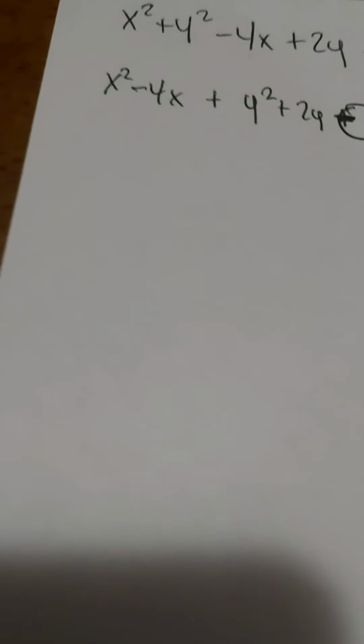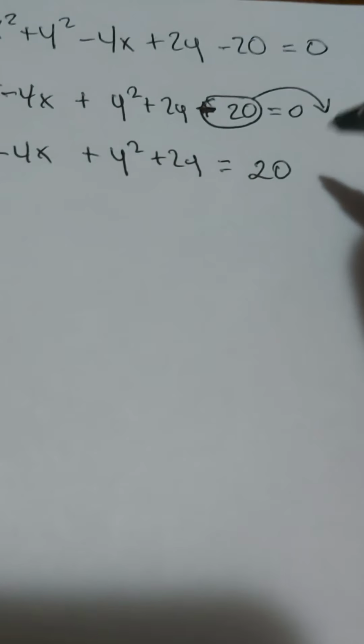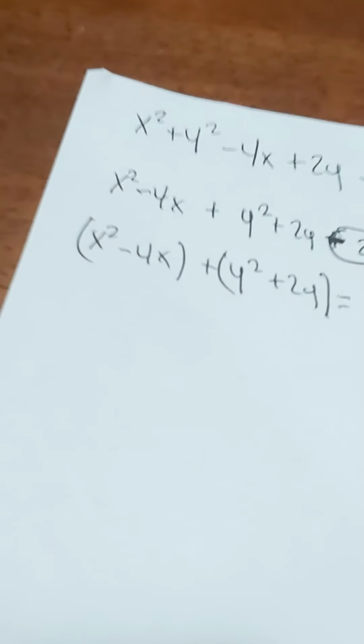We're going to move the constant to the other side, and we get x squared minus 4x plus y squared plus 2y equals 20. Now we're going to group the x and group the y's, and we're going to complete the squares for x and for y.